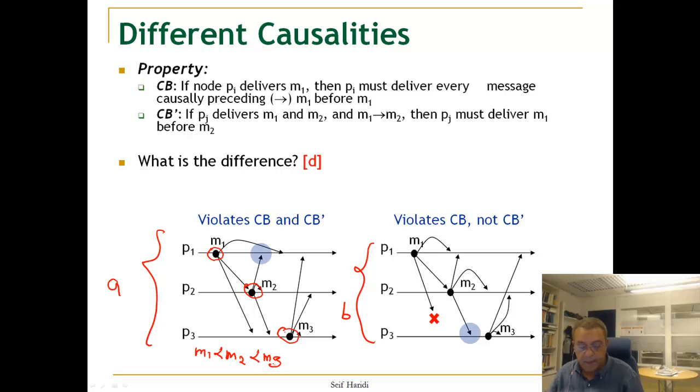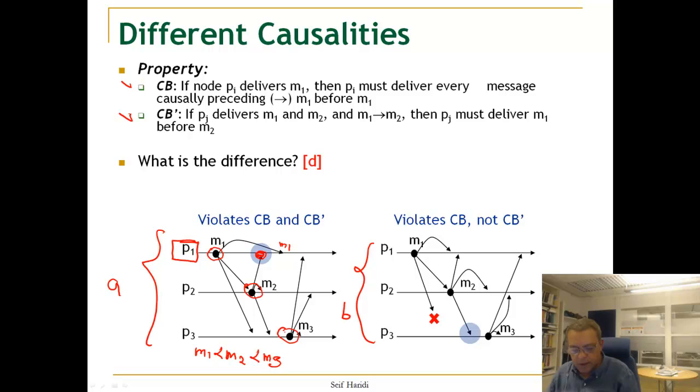And we can see, if we look, for example, at P1, that M2 is delivered before M1. In this case, both messages are delivered, but this delivery violates both CB and CB prime.